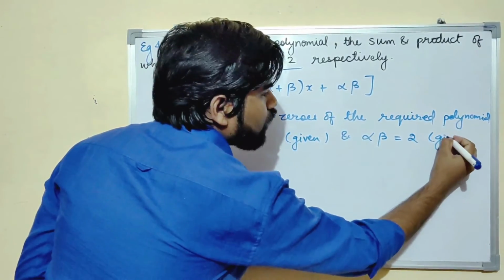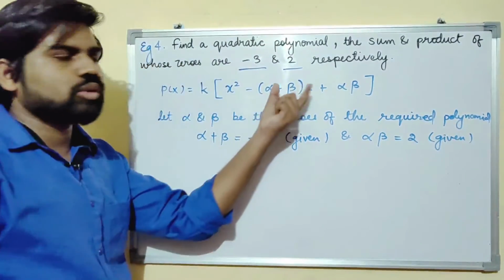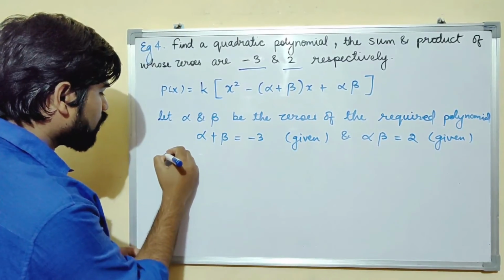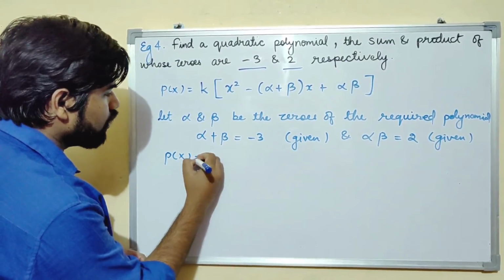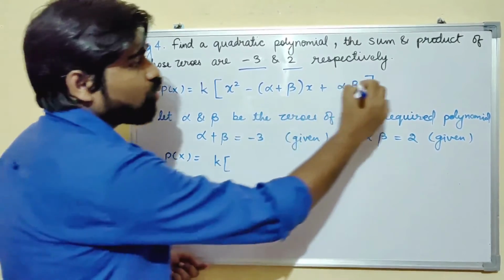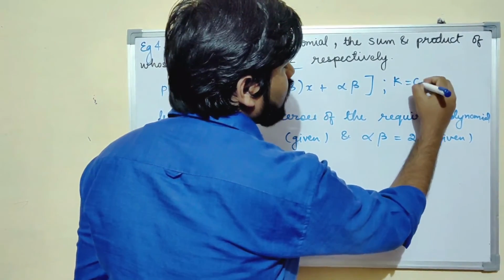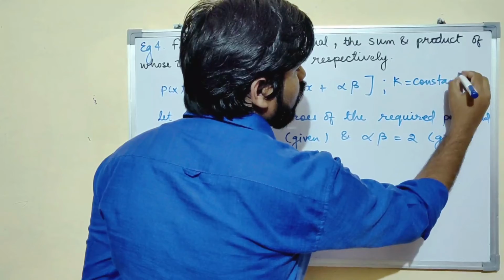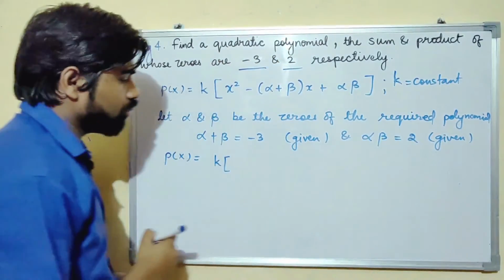It is also given in the question. We need to substitute the values here. So the polynomial will be p(x) equals k times, where k is a constant here.